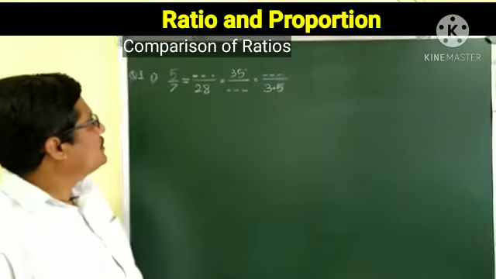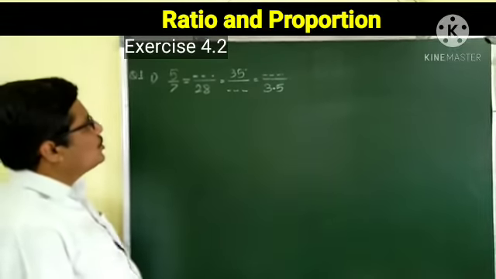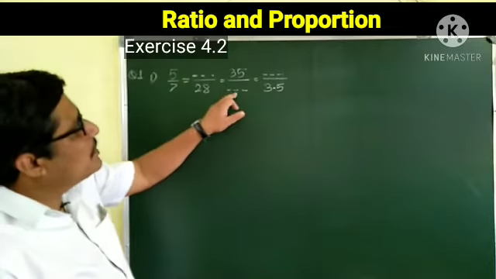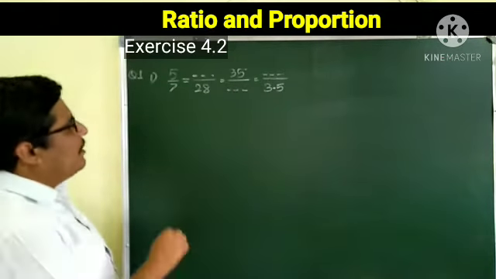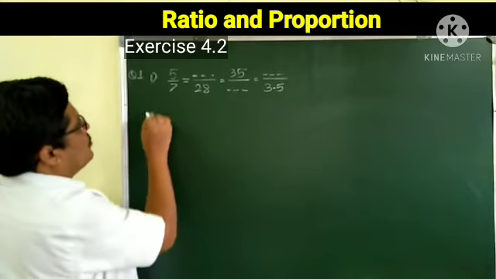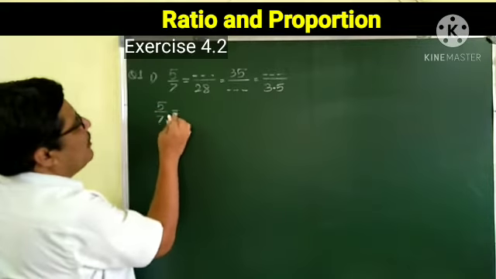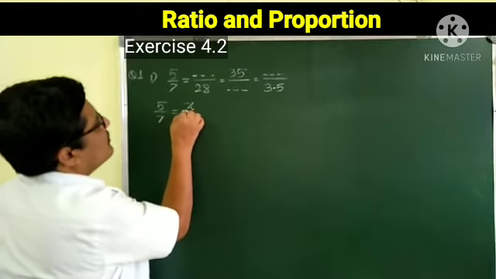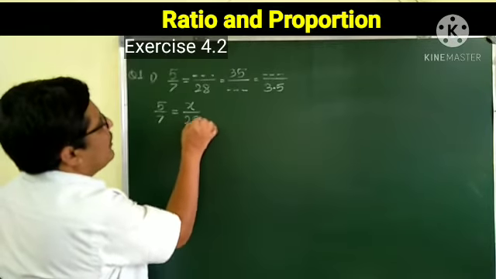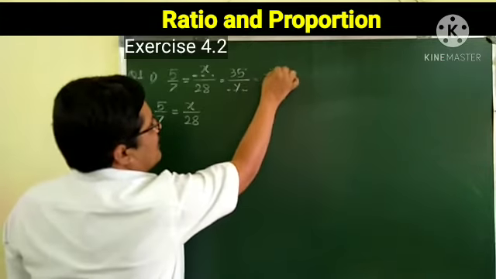Now we are taking first example from exercise 4.2. So here we have to find out these fill in the blanks. So here we have to take first two ratios. 5 is to 7 is equal to x is to 28. Here we can name these values as x, y, z.